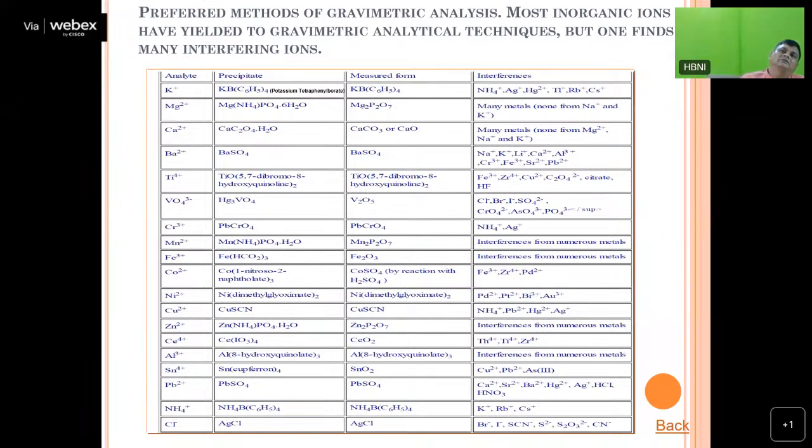But again, one more important point is that the gravimetric method will be done only when your element of interest is present at percentage levels. If a very small amount of analyte is present, then you cannot do the gravimetric analysis.